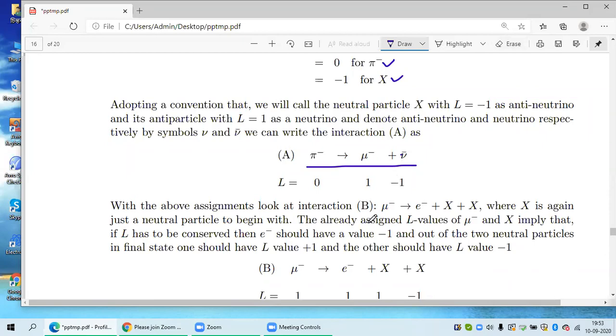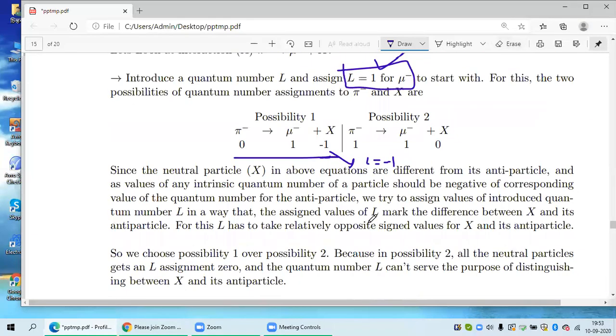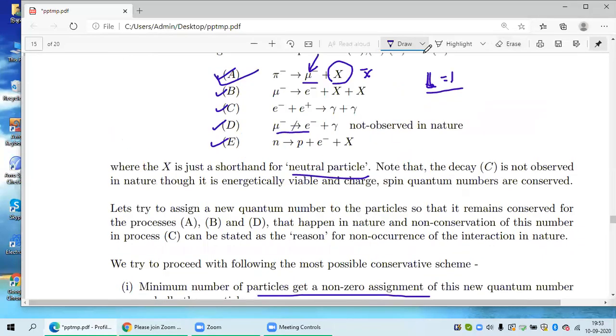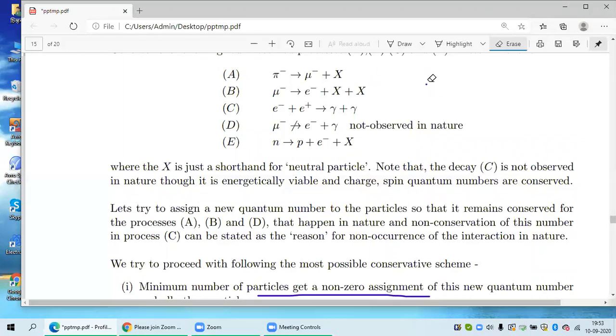Now the next equation is very interesting, which is this B. This B is muon decay. Muon by initialization gets an L value, and X gets an L value from the first equation here.